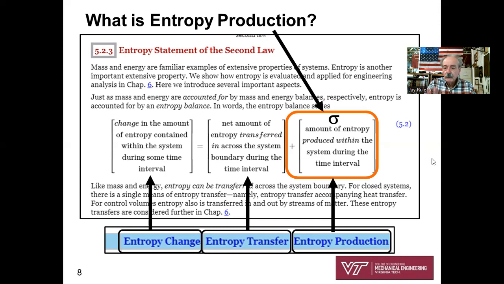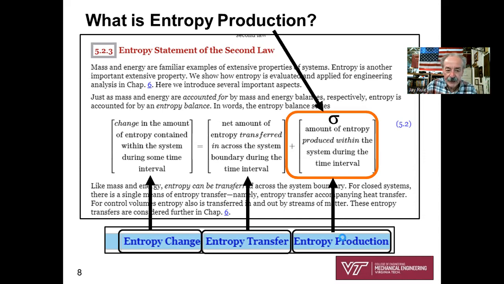Now, lots of words here on this slide. Entropy production, here's an equation. Entropy change of a closed system equals an entropy transfer term, more in a second, plus the amount of entropy produced as a result of the process, entropy production. Whew, that'll blow your mind.